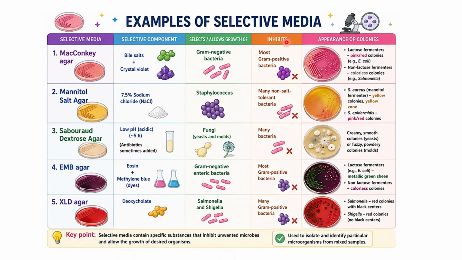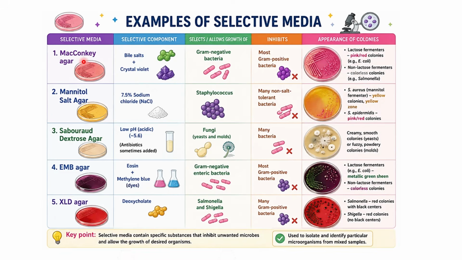We will also learn how each selective medium can be used to differentiate the selected microorganisms based on the appearance, color, or morphology of the colonies they form on each medium.